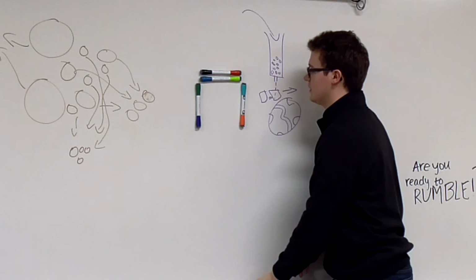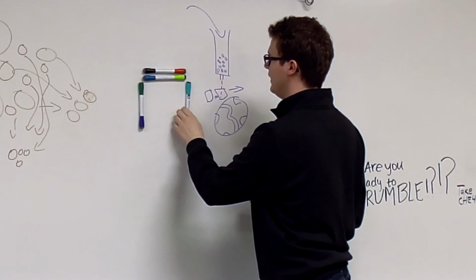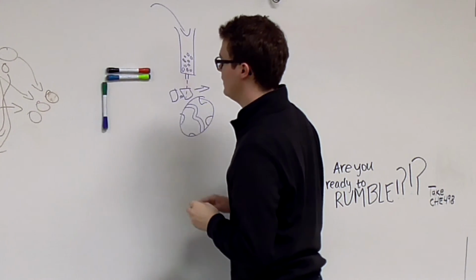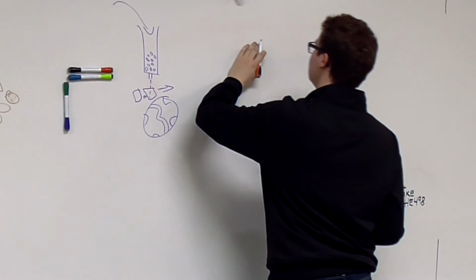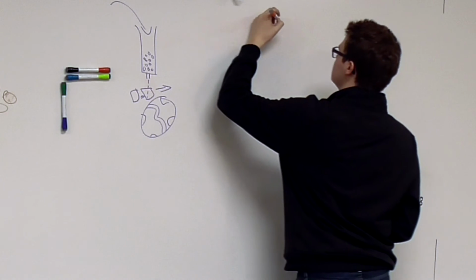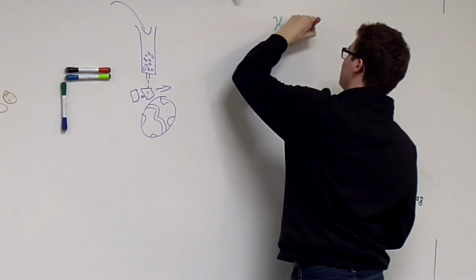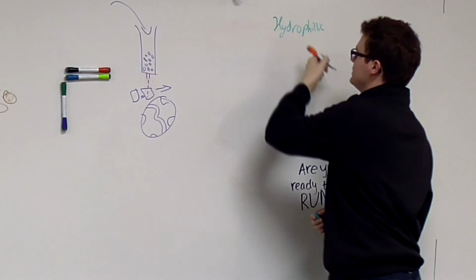Now, lest you think that size is the only thing that we separate by, there's actually many more. So we have hydrophobic and hydrophilic properties. So over here, hydrophilic. Now what does this mean?